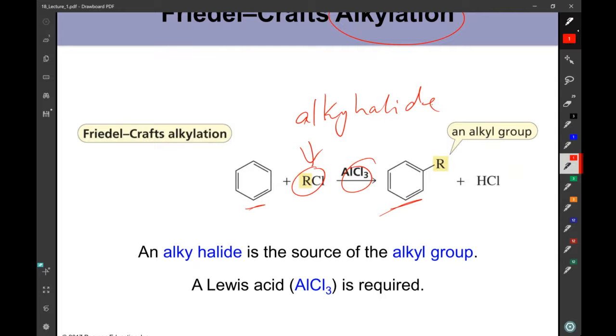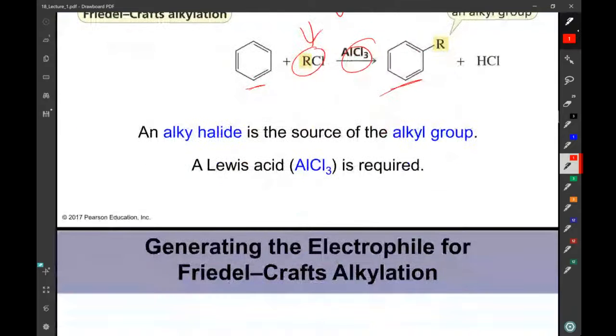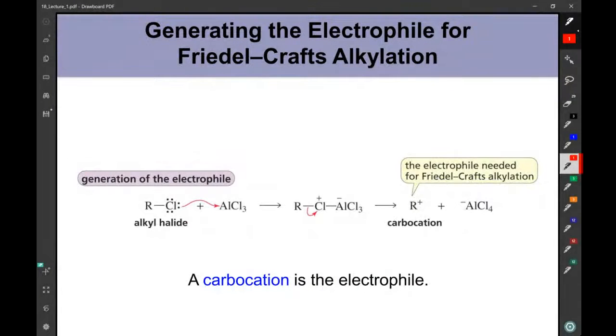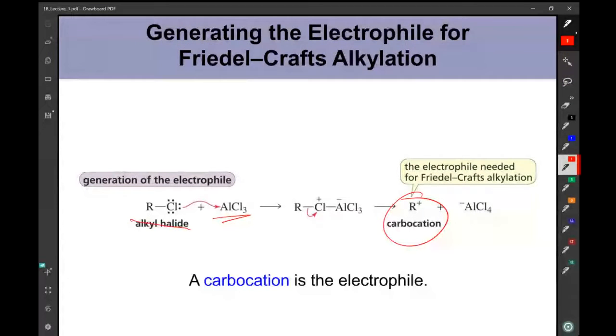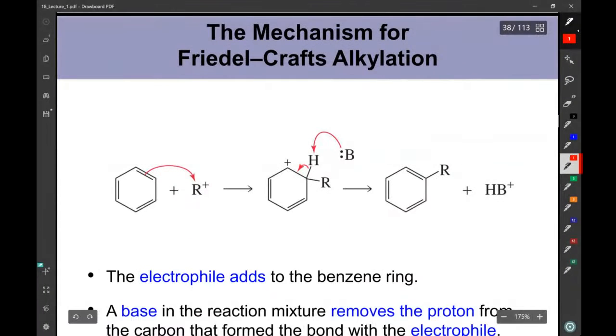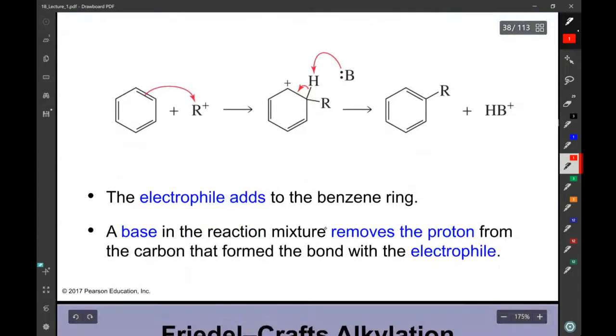To generate the electrophile, your alkyl halide interacts with the catalyst, and then you form your carbocation. Once the carbocation is generated, the mechanism is the same. Your carbocation reacts with the benzene ring, creates an intermediate, and then you have a final product. Two-step mechanism like every other one.